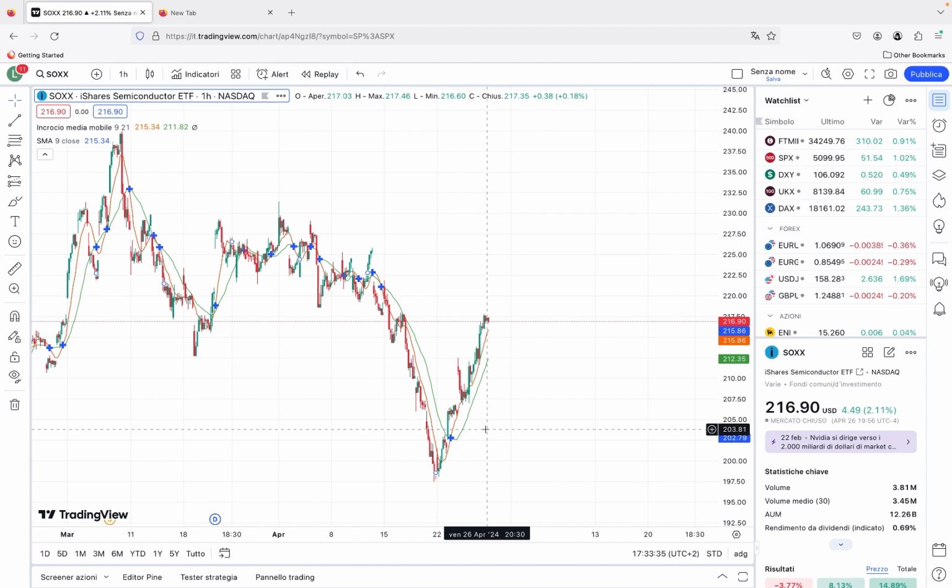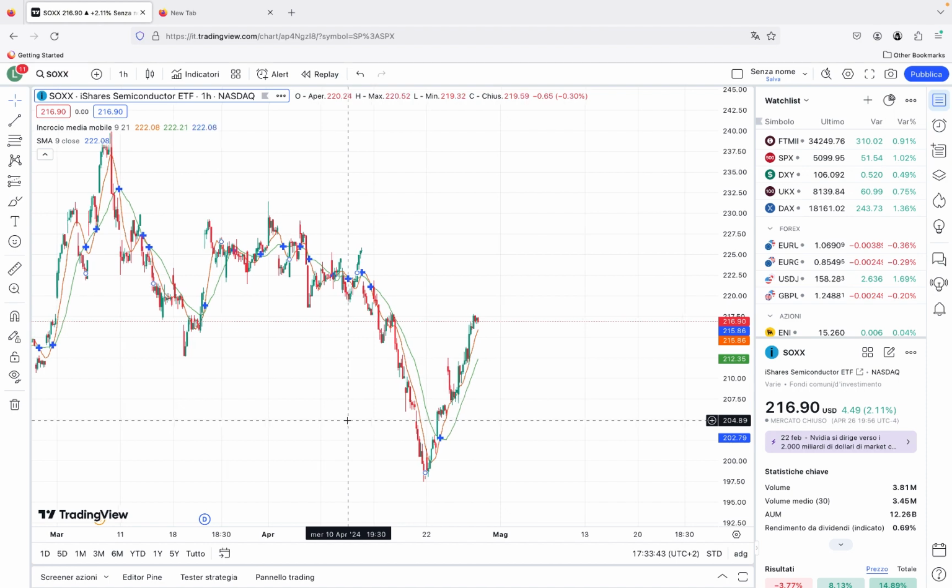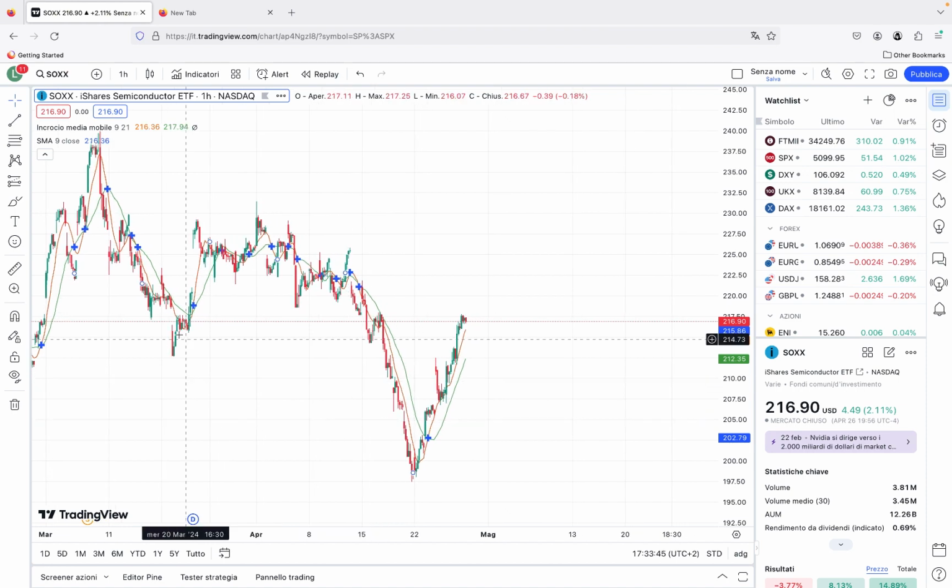How do I identify a sideways trend? Very simple, like the couple we have seen before. I take the first day 6 months ago and the last, and it's quite the same.